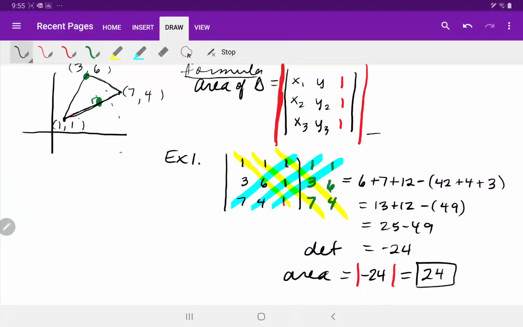I'm writing this towards the top. Basically, I need area to be positive.